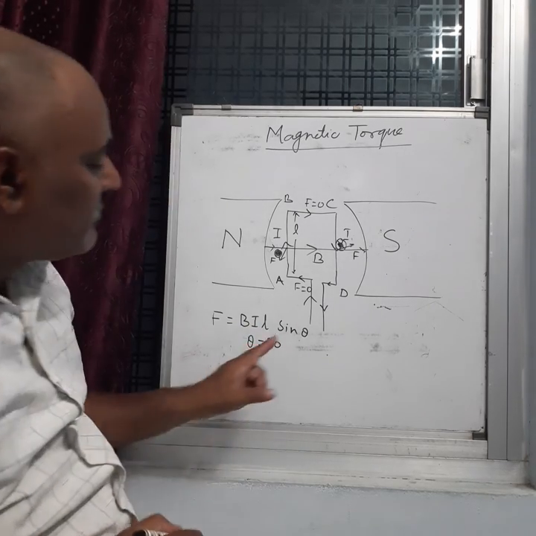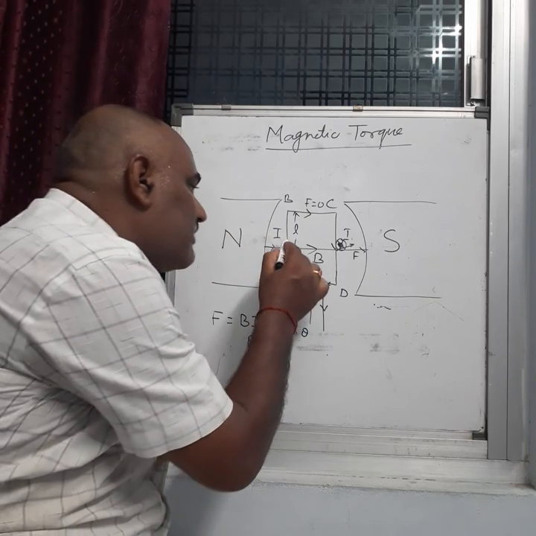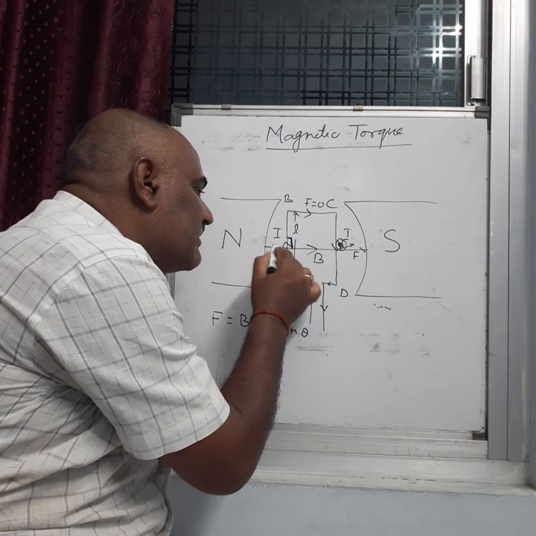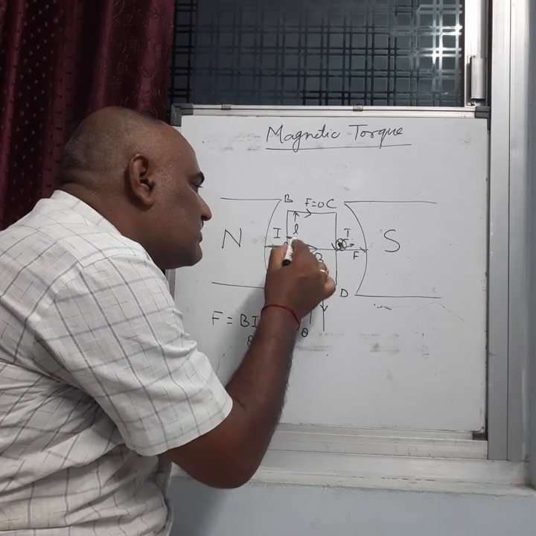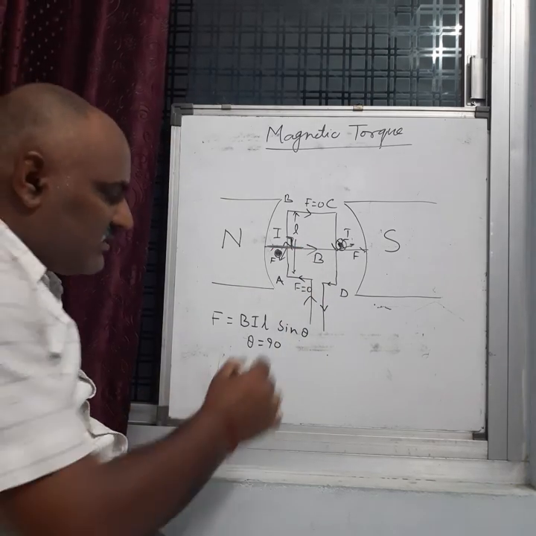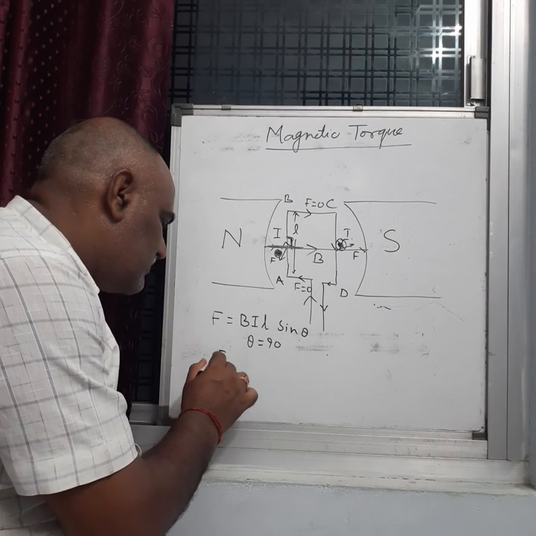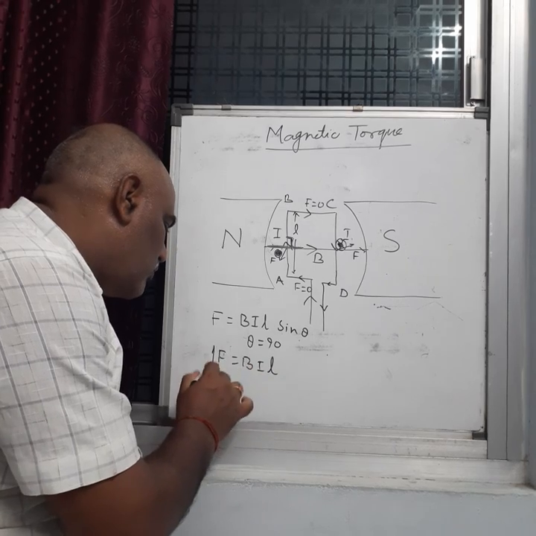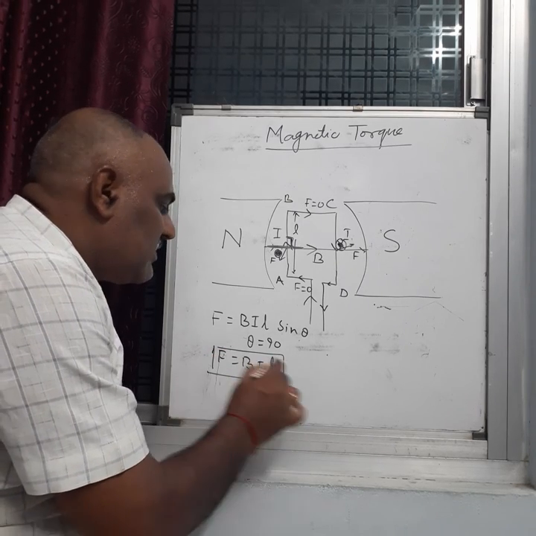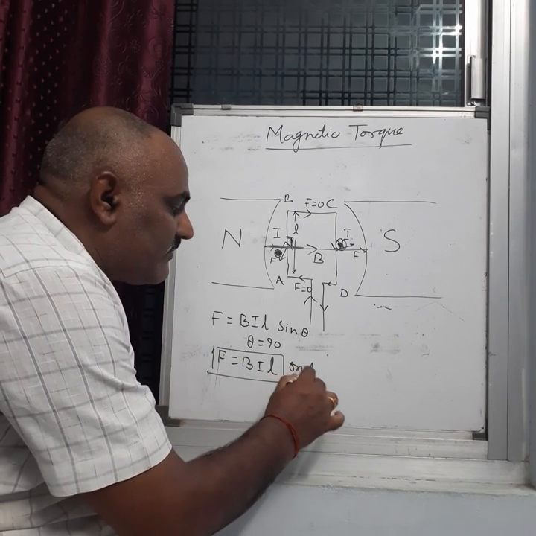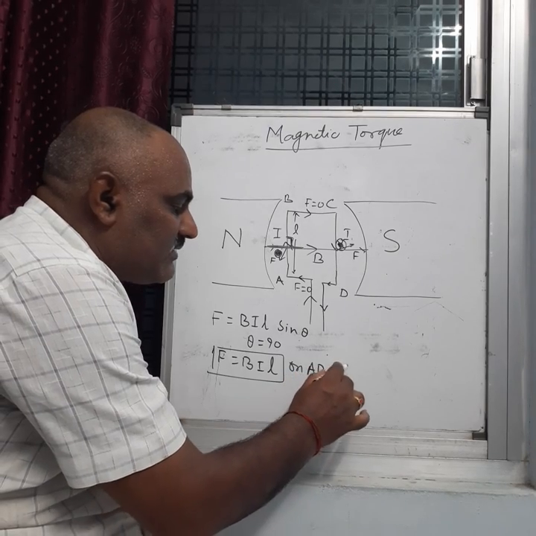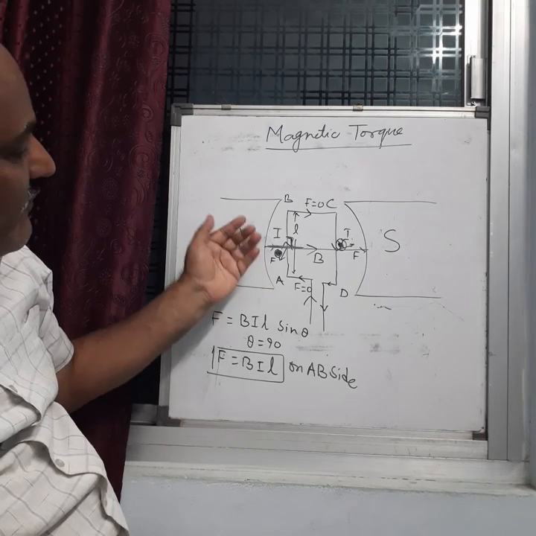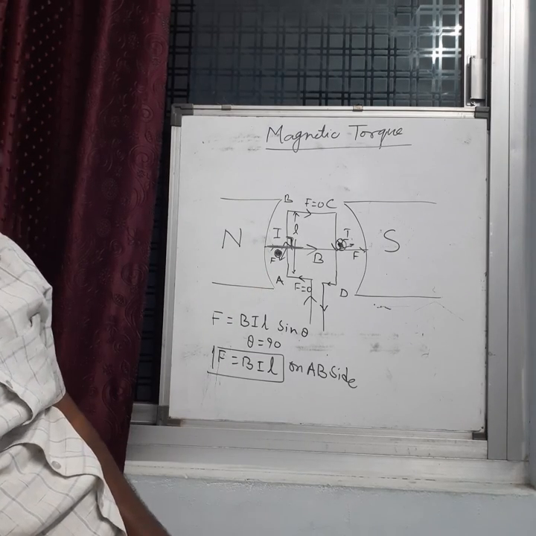What is theta? Theta is the angle between the current-carrying wire and the magnetic field. So this is 90. Sin 90 is 1. So that's why F equal to BIL. This force is acting on the AB wire. Make sure this force F acts on the AB wire.